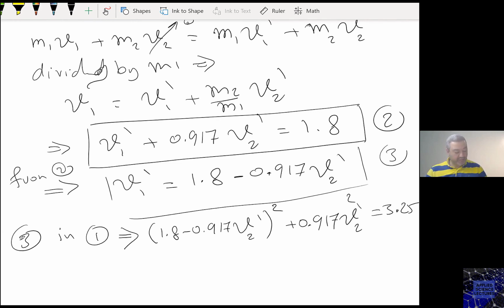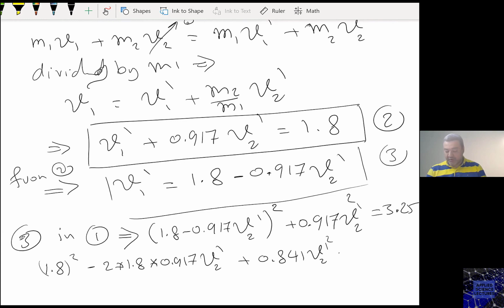Now I have 1.8 squared, minus 2 times 1.8 times 0.917 V2 prime, plus 0.917 squared, which is 0.841, V2 prime squared, plus 0.917 V2 prime squared equals 3.25.